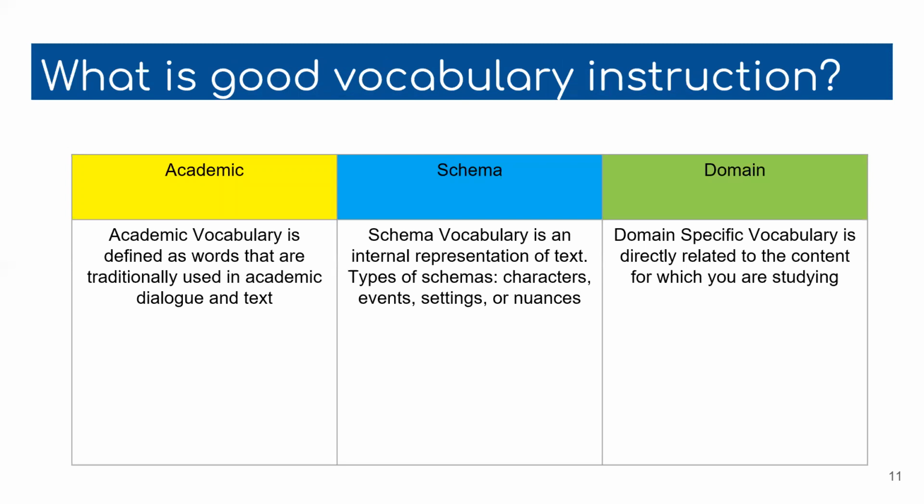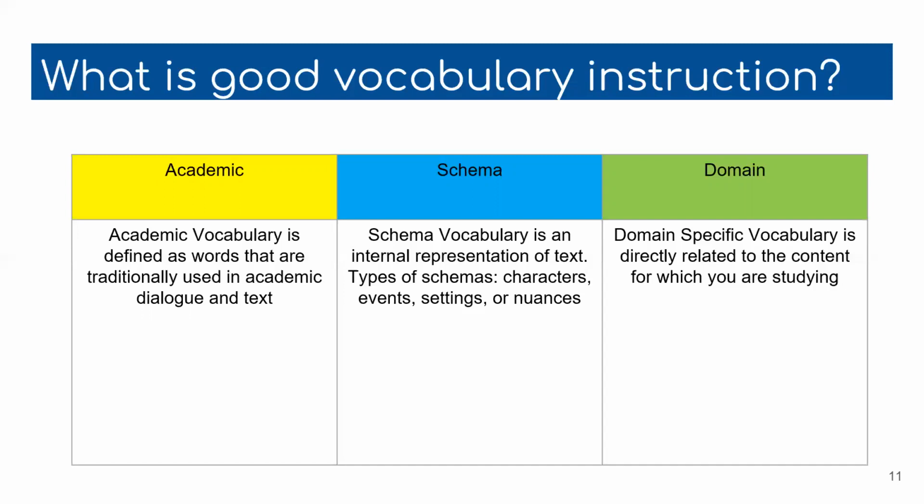Now, in pulling out vocabulary for text, be sure to categorize academic vocabulary, which is defined as words that are traditionally used in academic dialogue and text and can be used across contents. Don't forget to categorize schema vocabulary, which would be an internal representation of a specific text that is focused in on the reader.